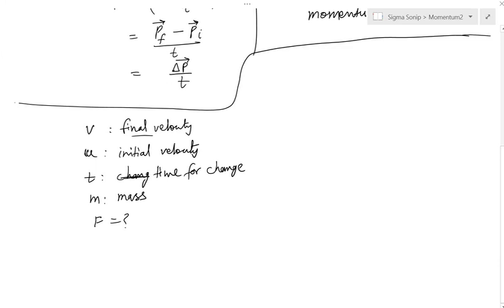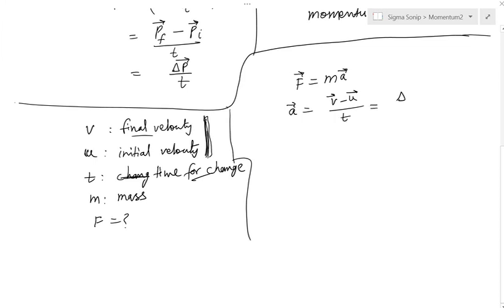Now these kinds of problems can be done in two different ways. I'll talk about both of them. First, we use the equation F equals m times a. Because we are given u, v and time, we should be able to find acceleration as v minus u divided by t, or more concisely, delta v, the change in velocity, over t.